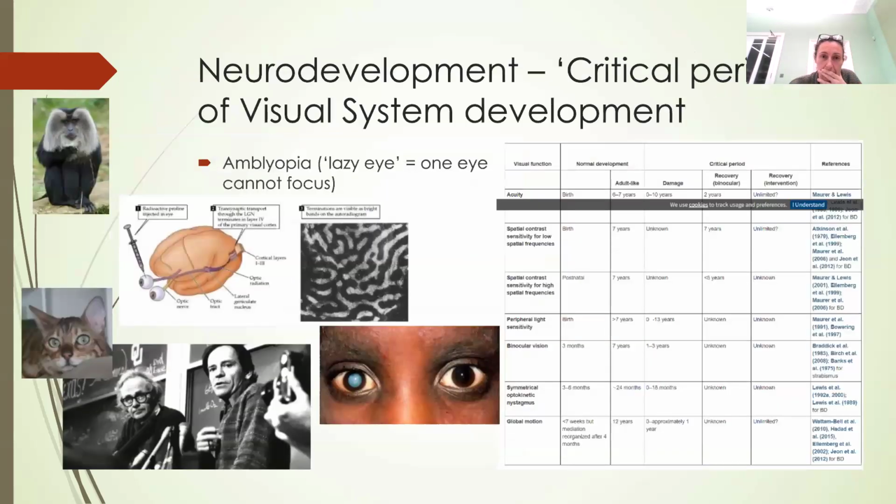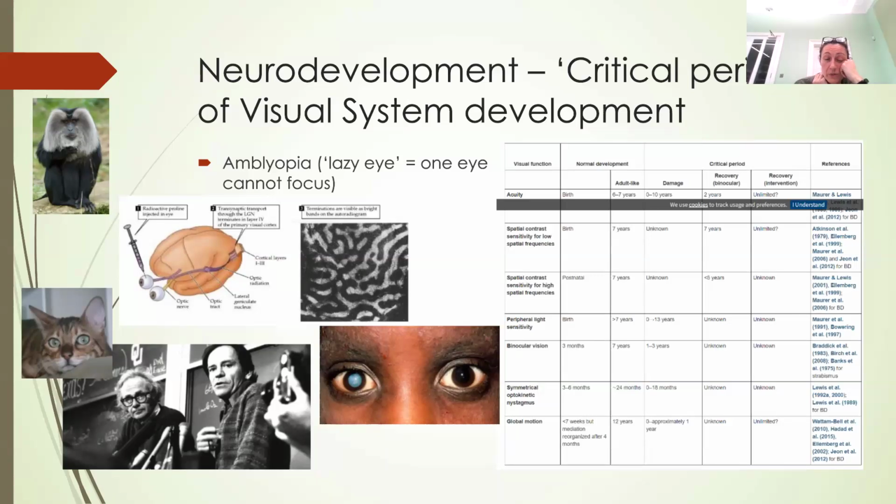And so we know that there is a critical period of visual system development. It's probably most commonly known as lazy eye. There's a period up until the age of about 7 where, if you have one eye that doesn't work as well as the other, you really need to correct it, because these ocular dominance columns that we briefly touched on in the visual cortex won't develop properly unless you correct the input at the level of the eye.